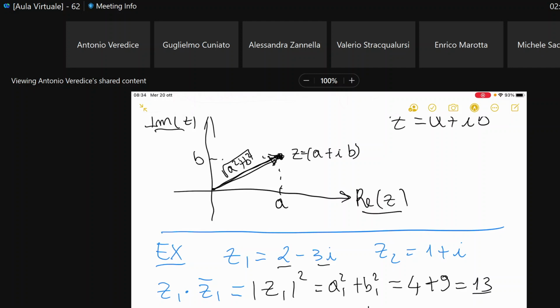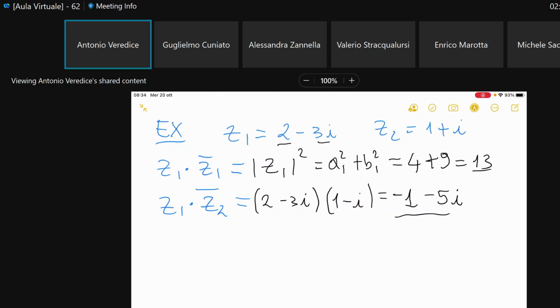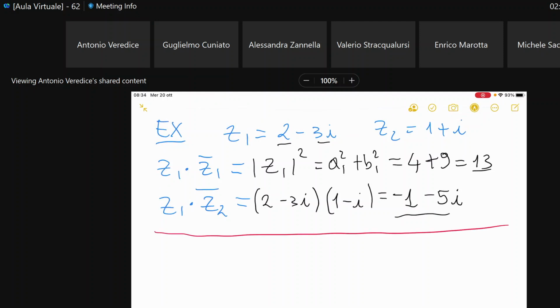Okay, if you have questions on these exercises, please ask me. Otherwise, we can go on with the next step, still using the conjugate. We can compute the ratio. Since we computed the sum and the product, but we left apart the ratio of complex numbers.